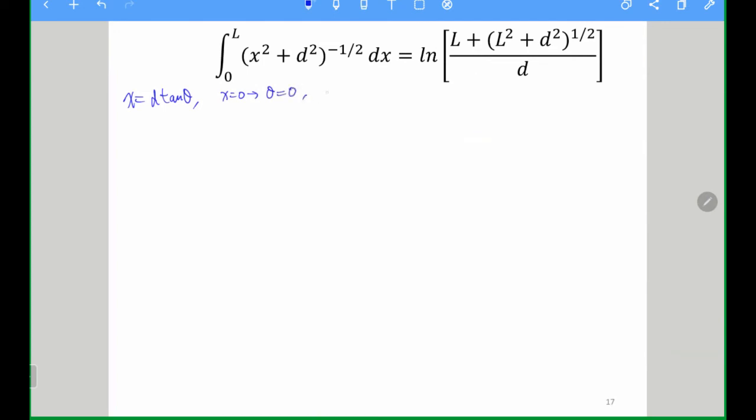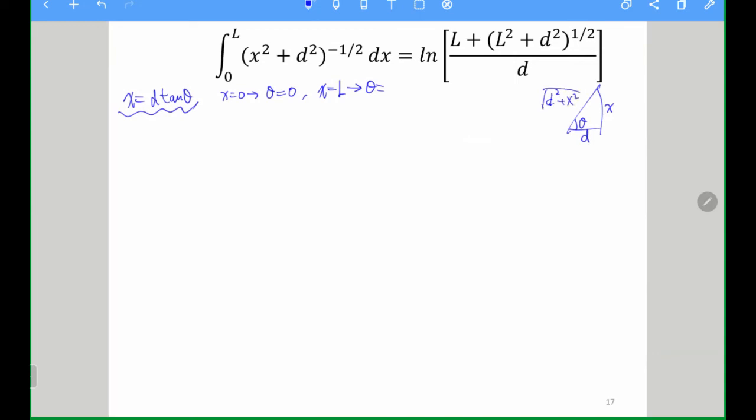And then if x is capital L, it corresponds to theta being something else. Let's see. Suppose we have this triangle, and this is theta, this is x, this is d. So x over d should be tangent of theta, and the hypotenuse is the square root of d squared plus x squared.